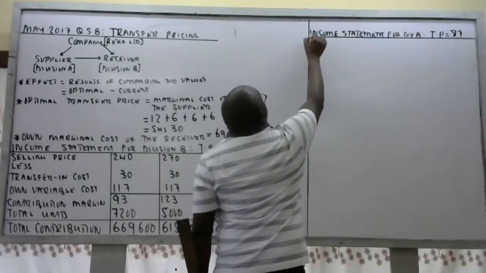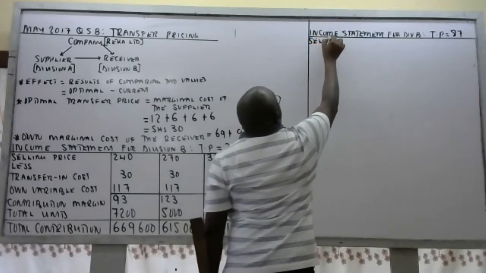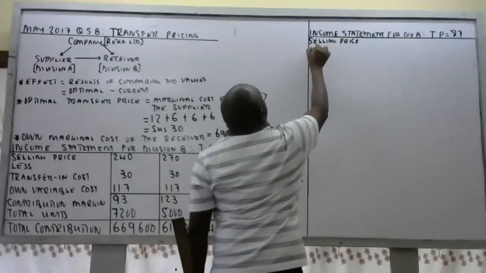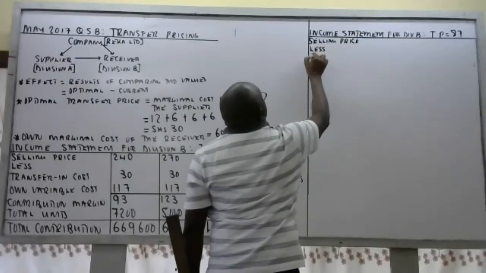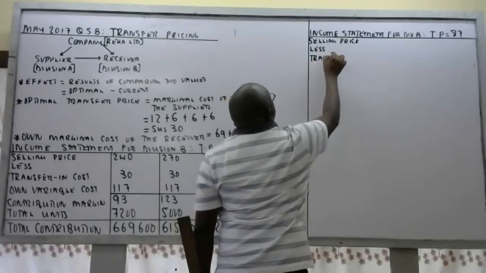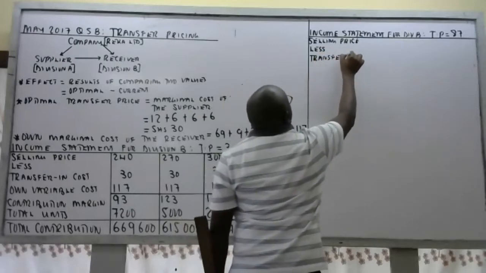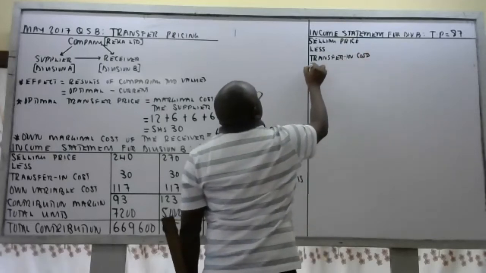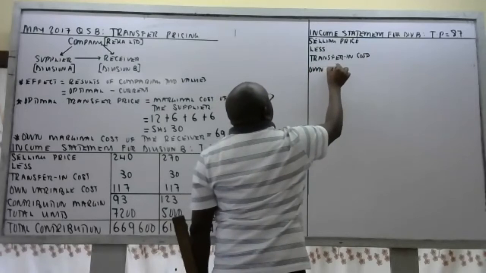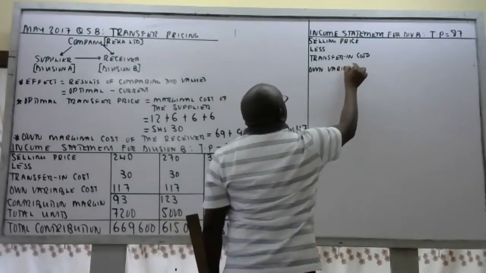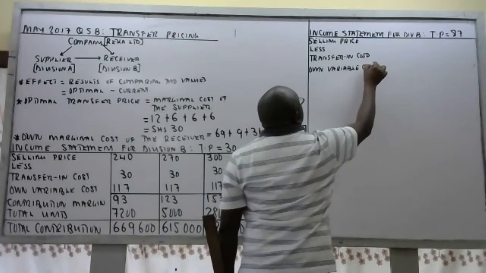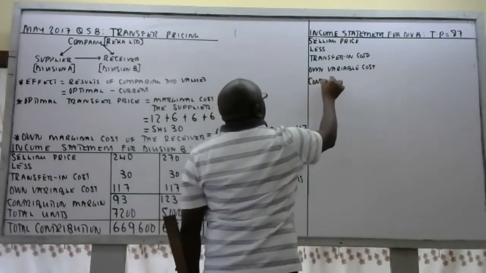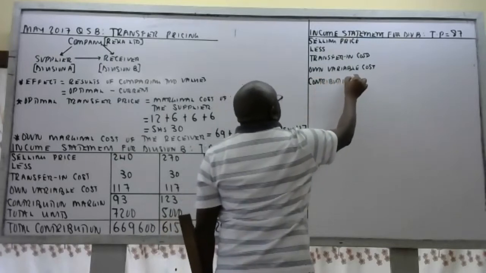So once again, I will need to bring the selling price here. Then I less transferring costs, then own variable costs, that will give me something called contribution margin.